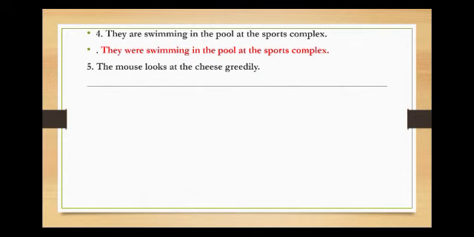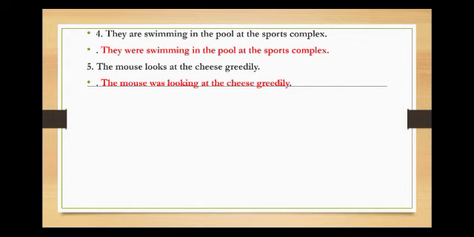The mouse, the subject is singular. So you will select was. The mouse was, and add ing to the verb look. So it will become looking. So your answer will be the mouse was looking at the cheese greedily.